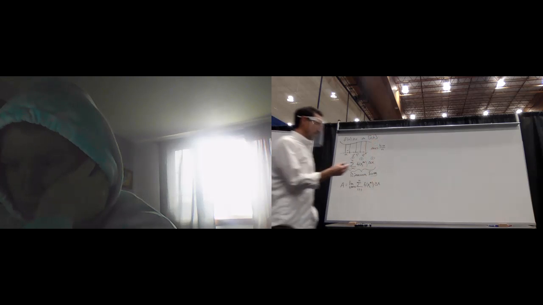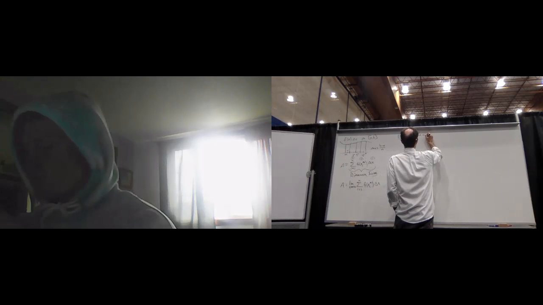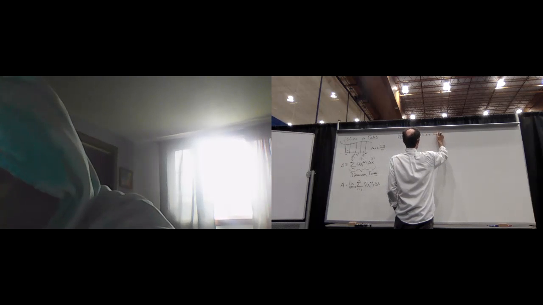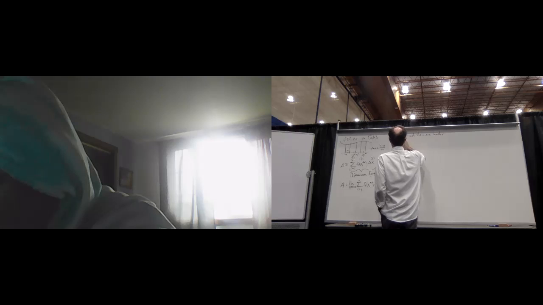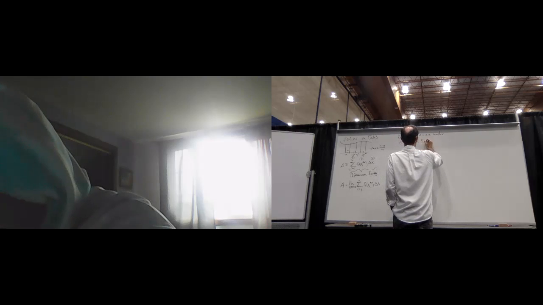Now I'm going to show you we can actually do this. Find the area under y equals x squared plus 1 on the interval 0 to 3.